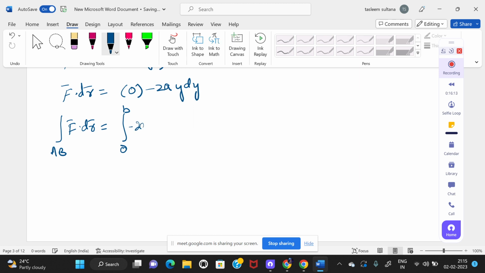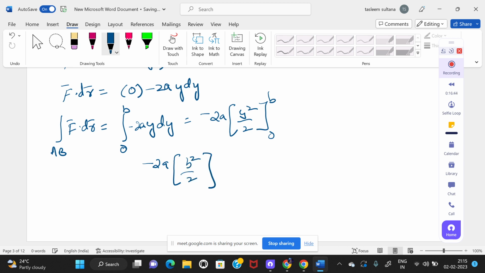Minus 2a y into dy is equal to minus 2a y square by 2, with limits from 0 to b. When I substitute the lower limit, it gives 0. You substitute upper limit minus lower limit, so I have only the upper limit value: minus 2a into b square by 2, where this 2 and this 2 get cancelled.